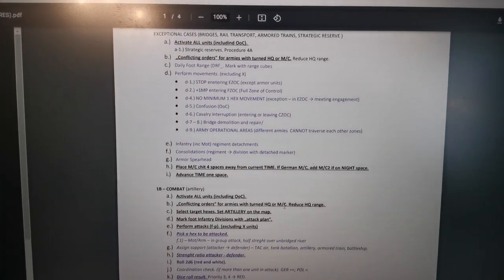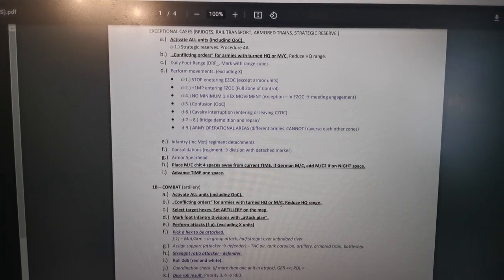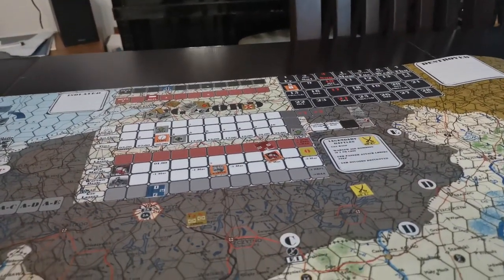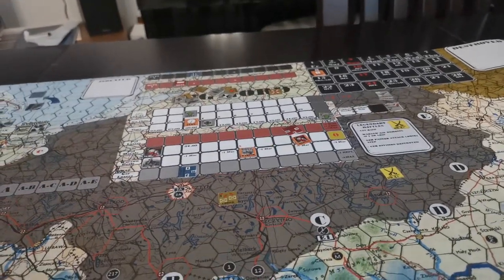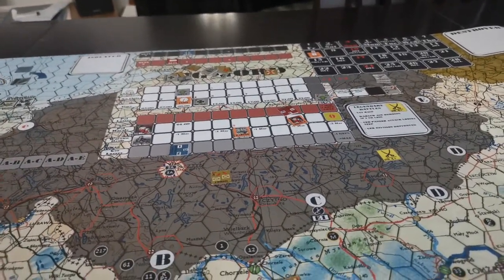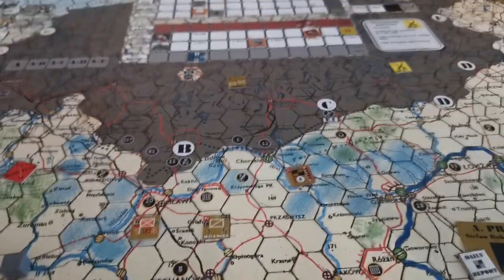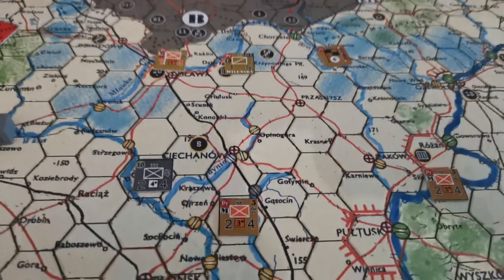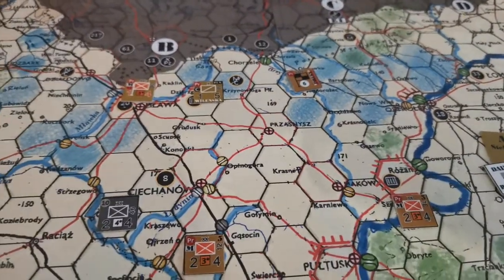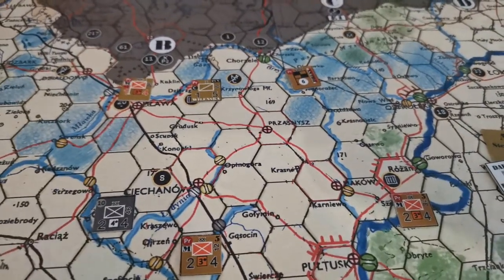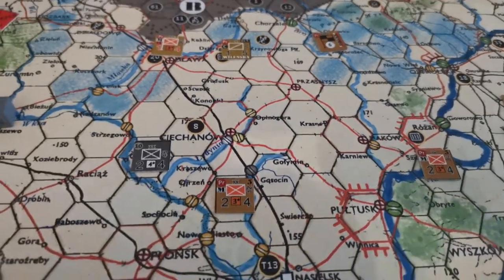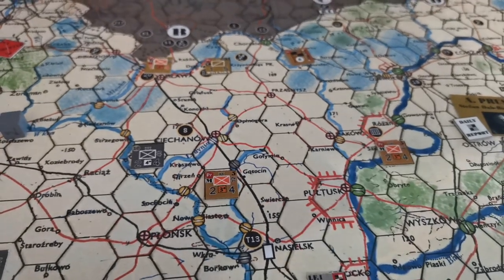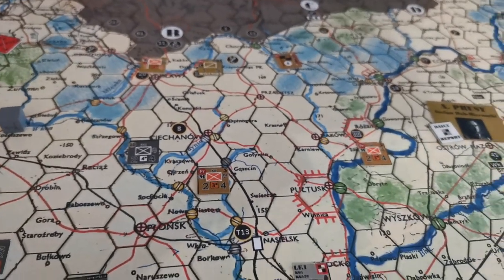Infantry, including motorized infantry, can detach a regiment. So in this system, every infantry unit can spread its position. And it goes like this. If we have a full strength, meaning full steps, infantry division, and this is the case only in divisions, you can expend all of its movement.